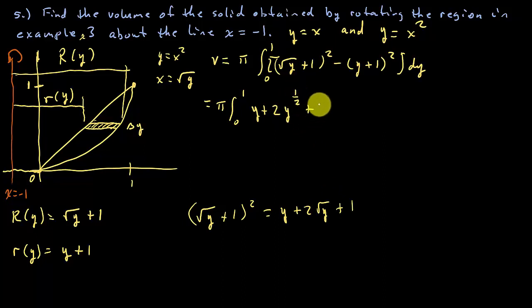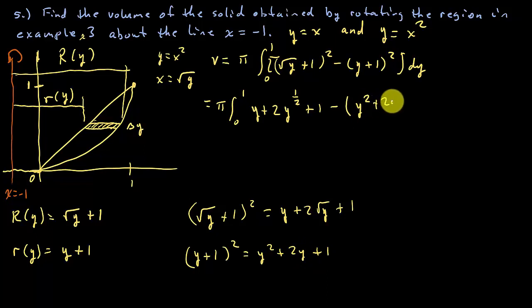And then plus 1, and that's minus. Then I've got y plus 1 squared. I'm going to square that, so that's going to be y squared plus 2y plus 1, times the thickness.